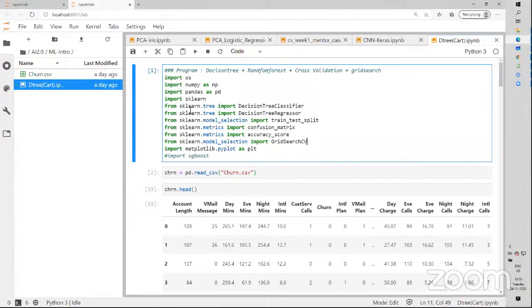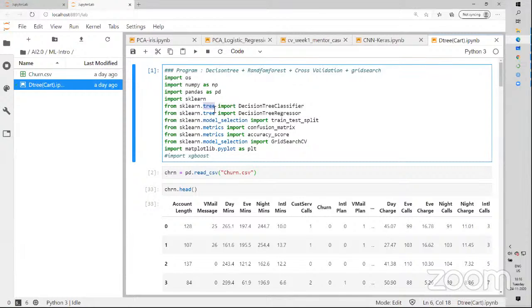Just like how in C++ you have include math.h, include stdio.h, something similar here. We call them modules. So sklearn, scikit-learn, is a module. In this module, we have a submodule called tree.